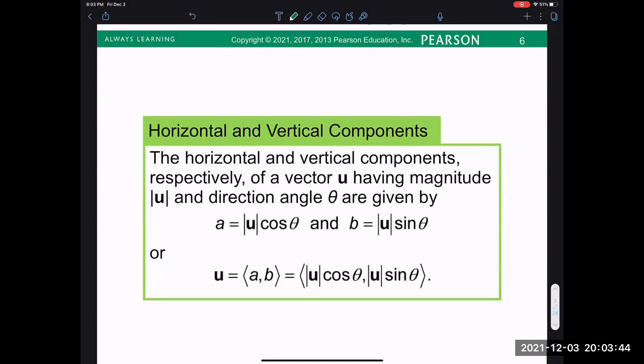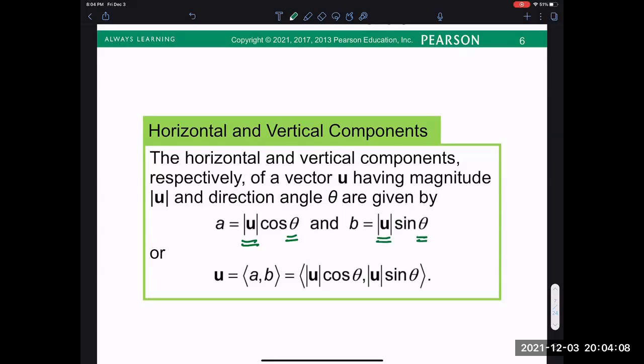If I know the magnitude and the angle theta, then I can use the right triangle relationship we showed in the beginning, and I know that A is the magnitude times cosine of the angle. That's going to be the x value, and B is going to be the magnitude times the sine of the angle. That's going to be the y value.